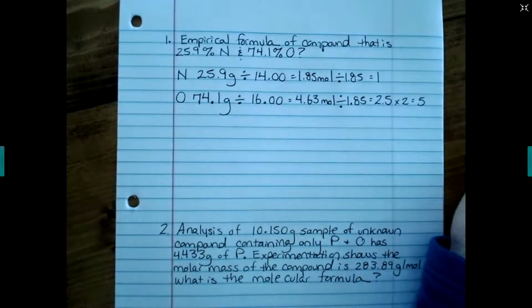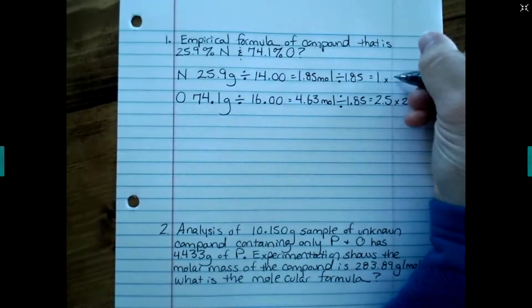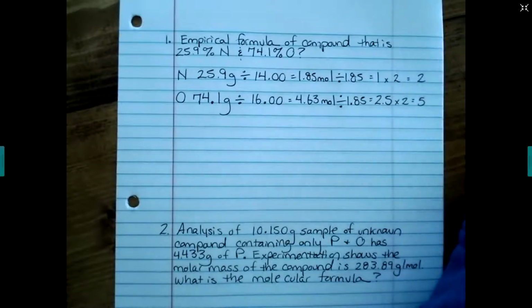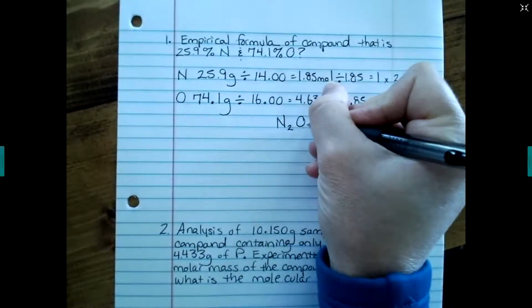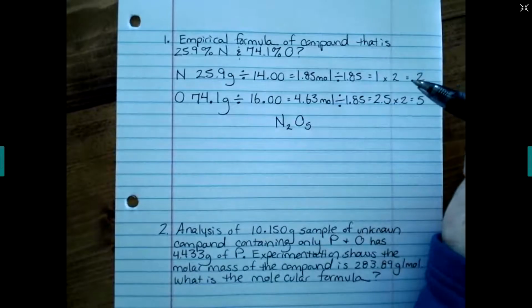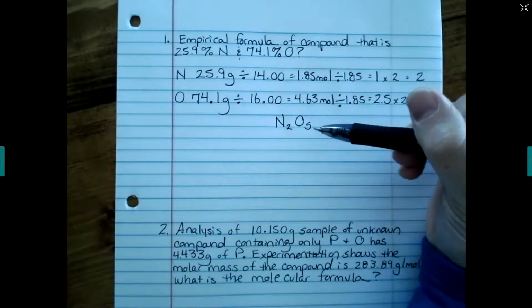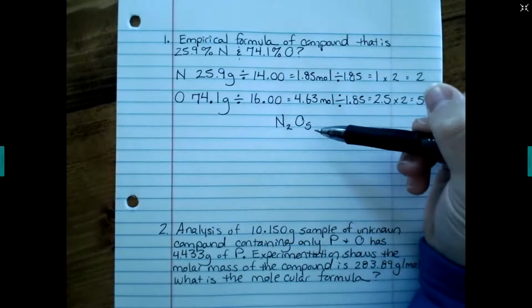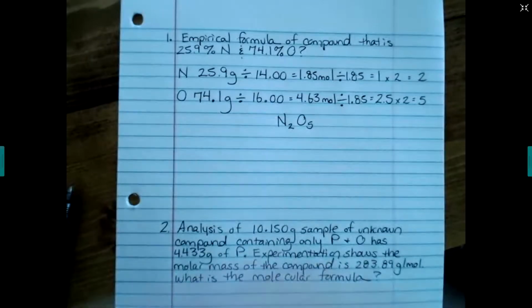That's a whole number. But I've got to do the same thing to my other subscript. So multiply that by 2, and I get 2. So my subscripts now are N2O5. And just to check, remember this is the empirical formula, so those should be the smallest ratio possible. And they are. I can't reduce this any further. So that is how you find the empirical formula.